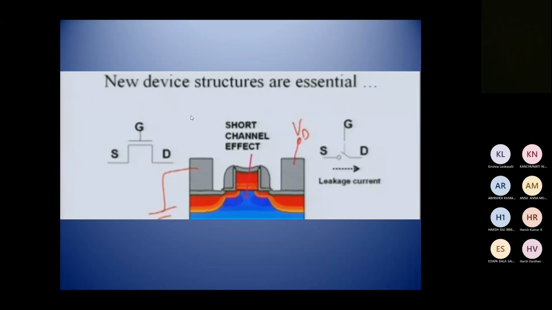Let's say we have some numerical value of the on current, say in milliamperes, and ideally the off current has to be zero. So what is the value of I on by I off? Can anybody tell me?